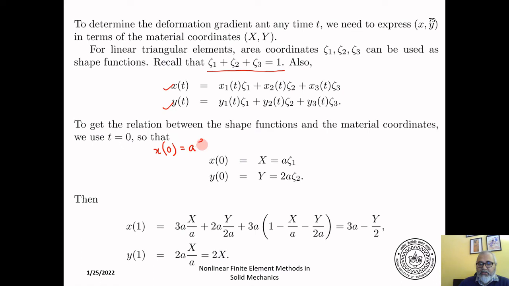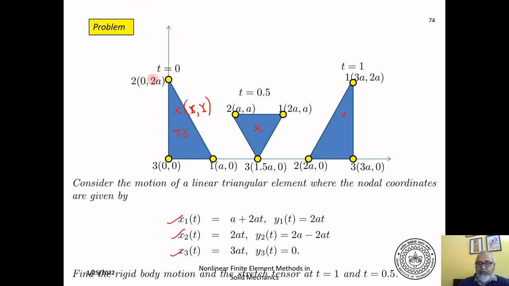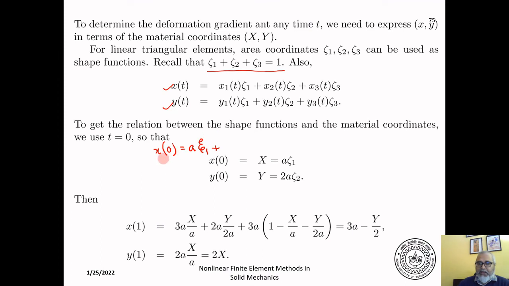So a zeta 1 plus x2 at t equal to 0, which is 0, plus x3 at t equal to 0, which is 0. So x at 0 is simply a zeta 1.